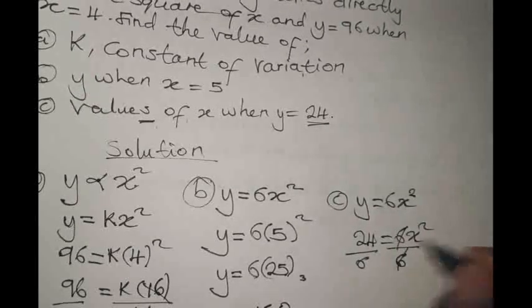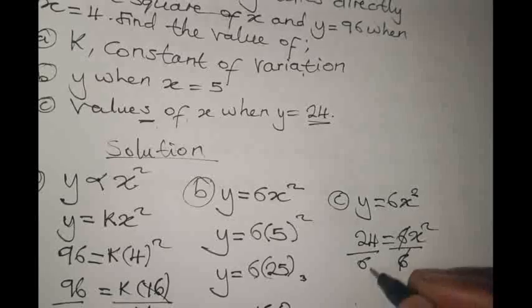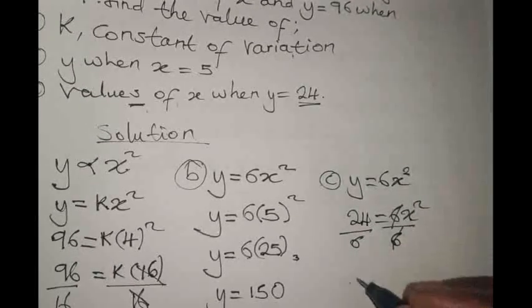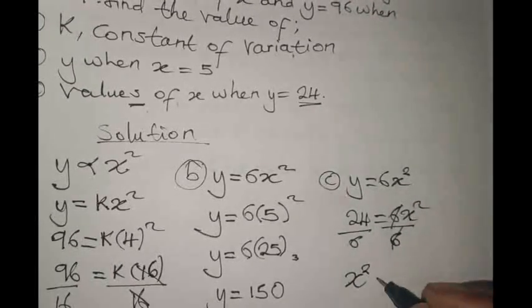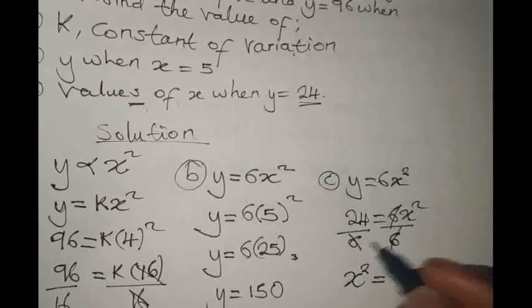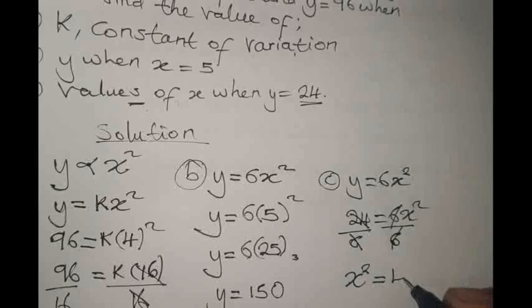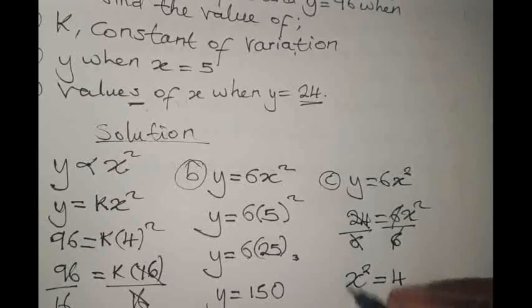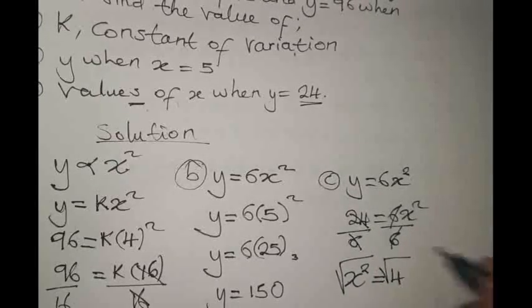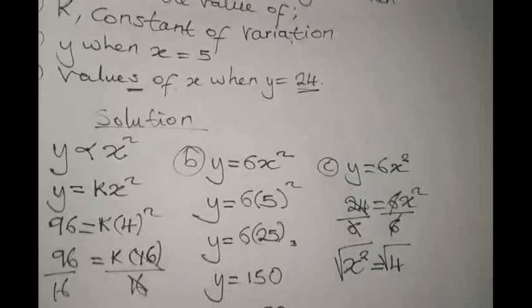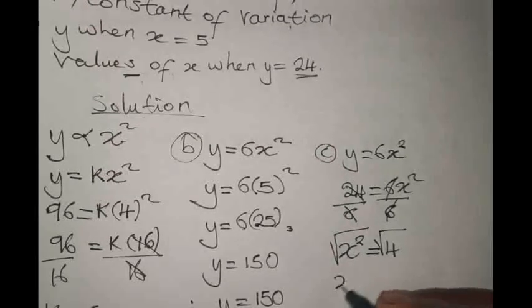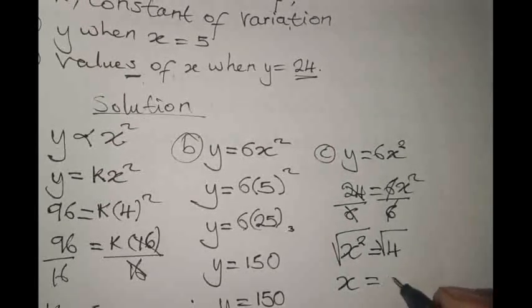So when you divide here, you can see that we are going to remain with x squared equal to, what is 24 divided by 6? It gives us 4. Then you square root. You find that x will be equal to plus or minus, because they say the values.